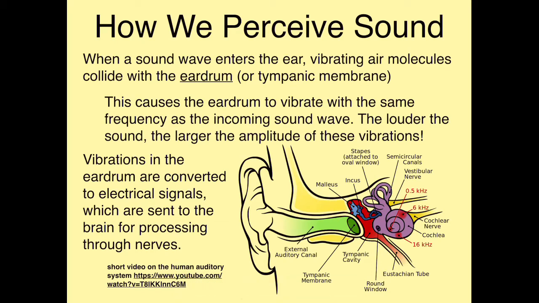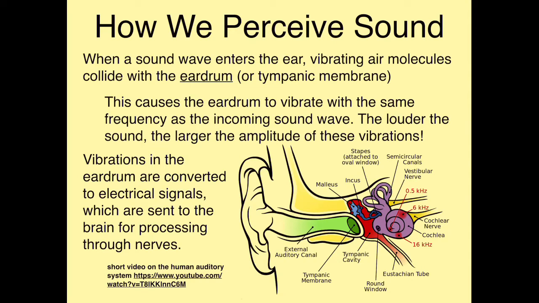For example, if the sound wave that comes in has a frequency of 200 hertz, then the eardrum is going to vibrate back and forth at a frequency of 200 hertz. And by the way, the frequency of the sound is what we perceive as being high-pitched or low-pitched. High frequencies sound high-pitched to us, low frequencies sound low-pitched.